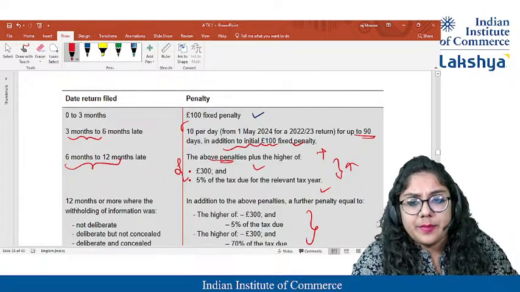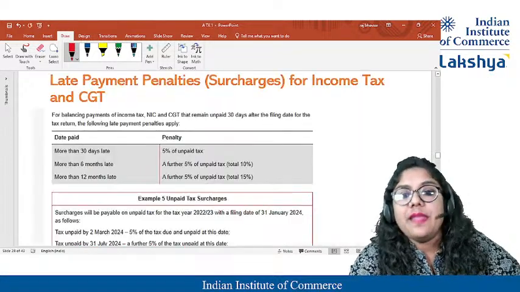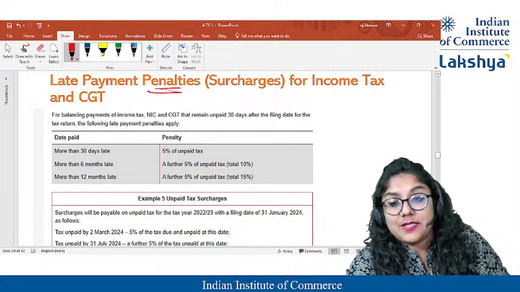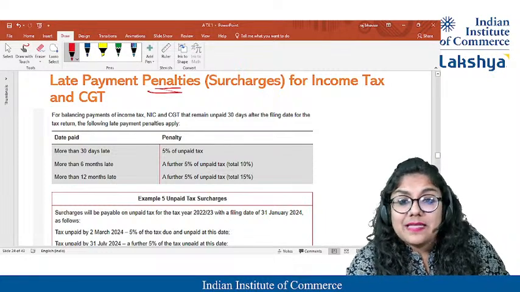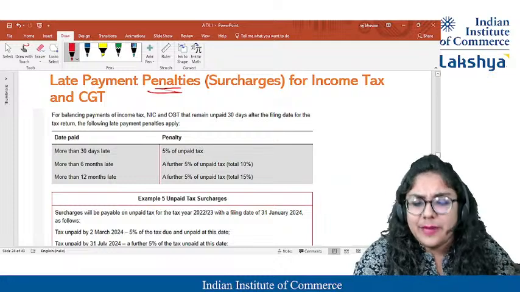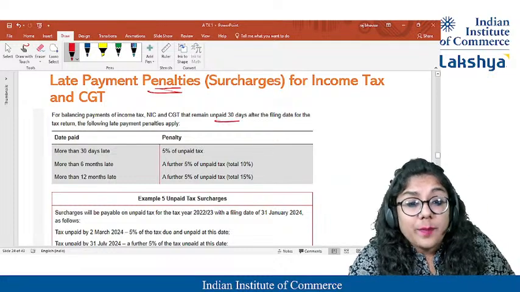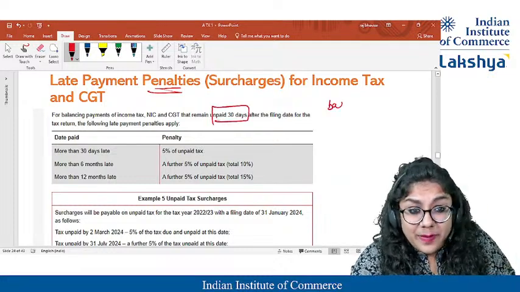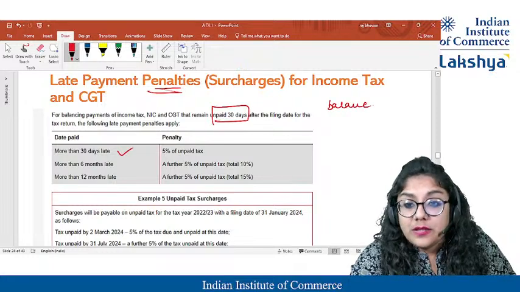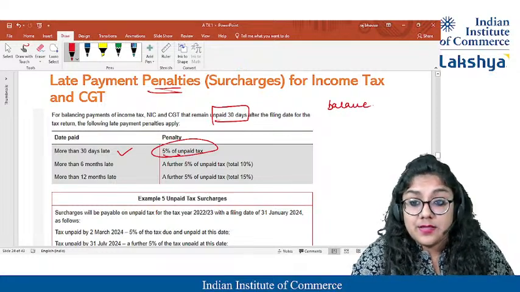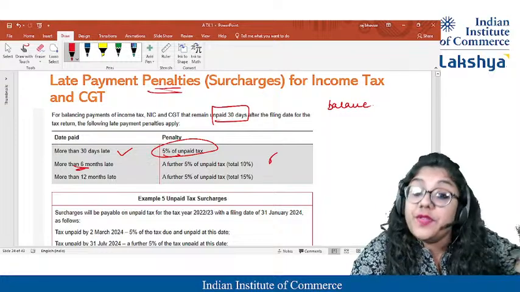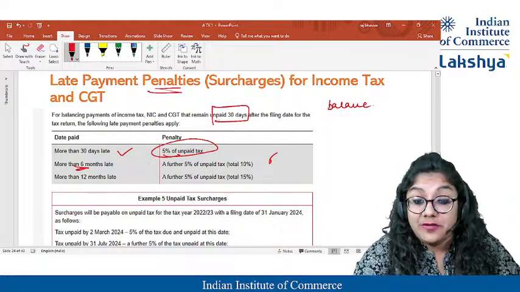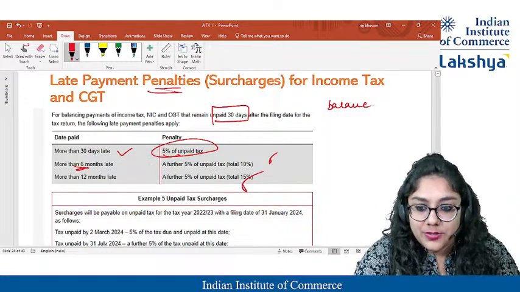You just need to remember these things. Now there are late payment penalty charges on the balancing payment of income tax and so on. If they are not paid within 30 days, then more than 30 days late, there is 5% of the unpaid tax. Beyond 6 months, a further 5%, so it becomes a total of 10%, and then it goes to 15%.